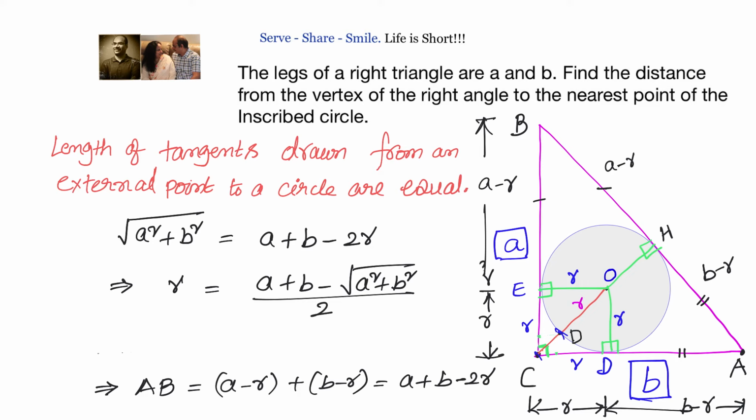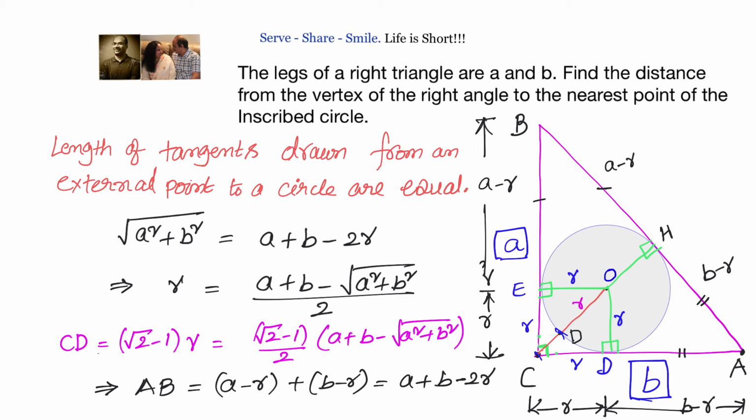Now let's go back to our distance CD. We got CD equals root 2 minus 1 multiplied by R, which is equal to root 2 minus 1 divided by 2 into A plus B minus square root of A square plus B square.